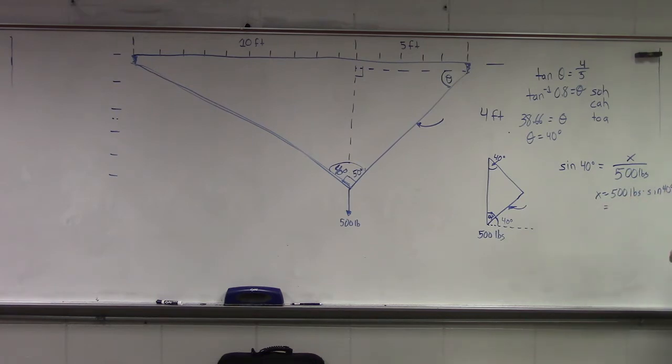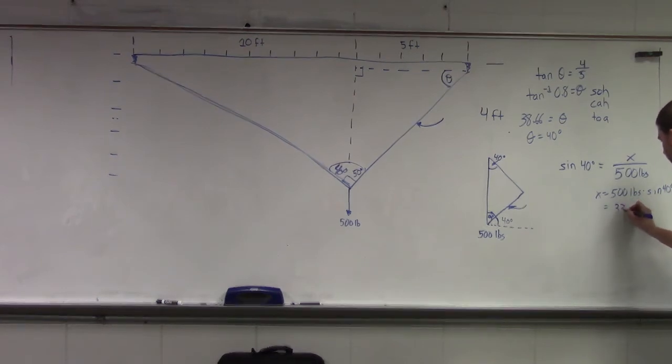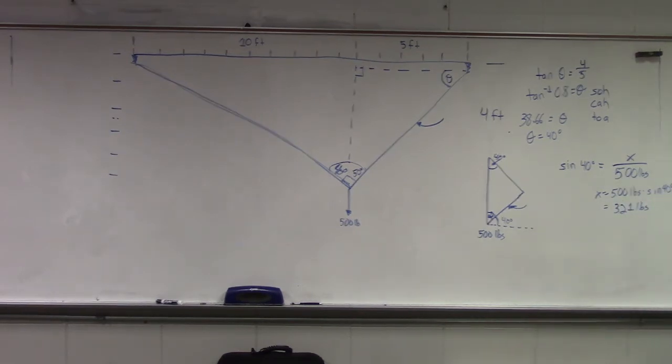Sine of 40 is about 0.64, roughly. So 321 pounds.